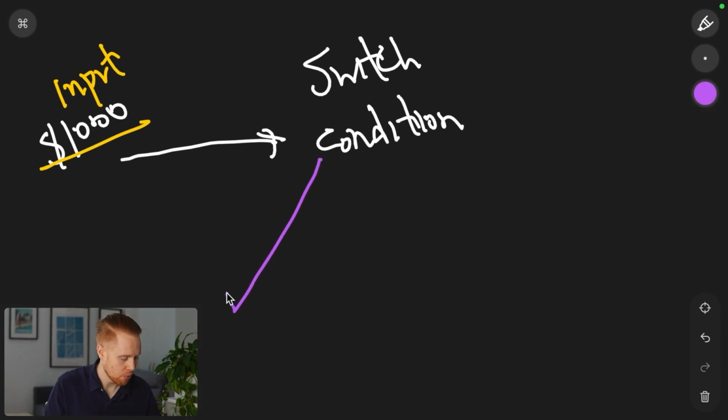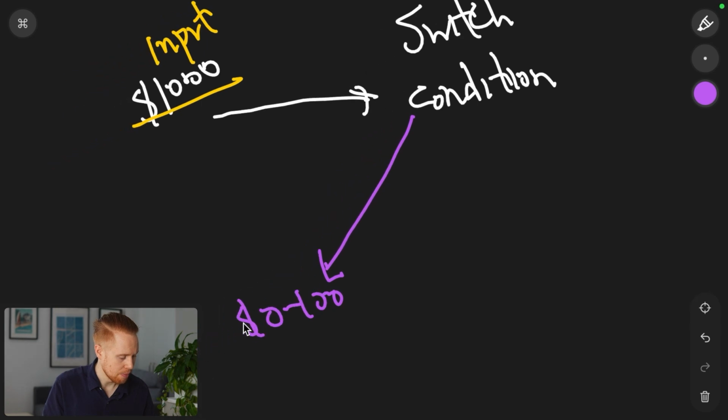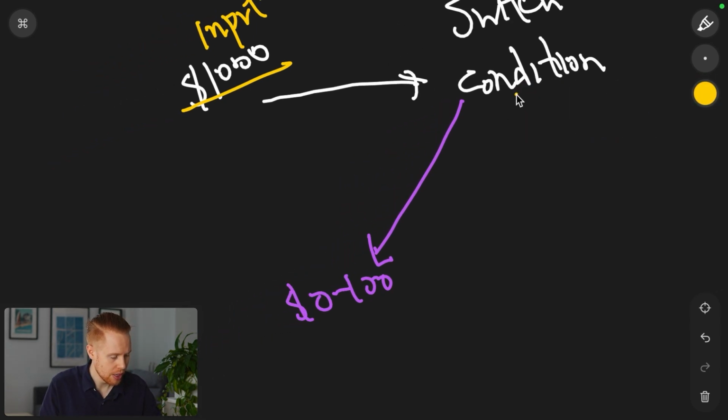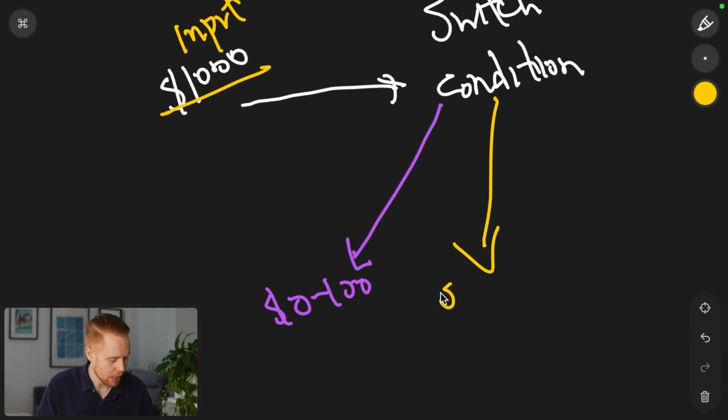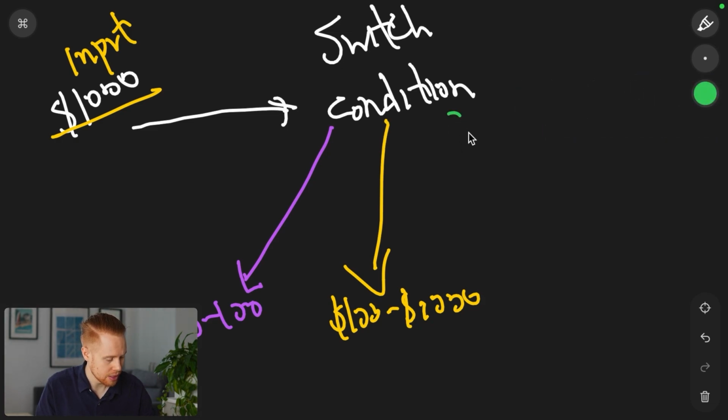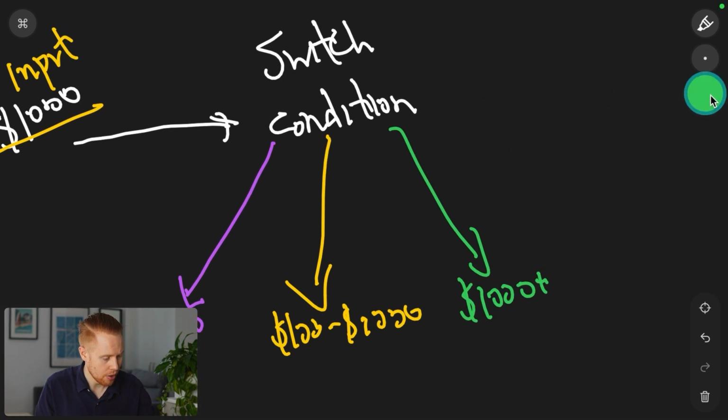Path number 1 here is for people at like $0 to $100, and my face might be blocking that. Path number 2 is anyone from $100 to $1,000. Path number 3 is anyone from $1,000 plus. And then over here, it might be anyone at $5,000 plus, right?